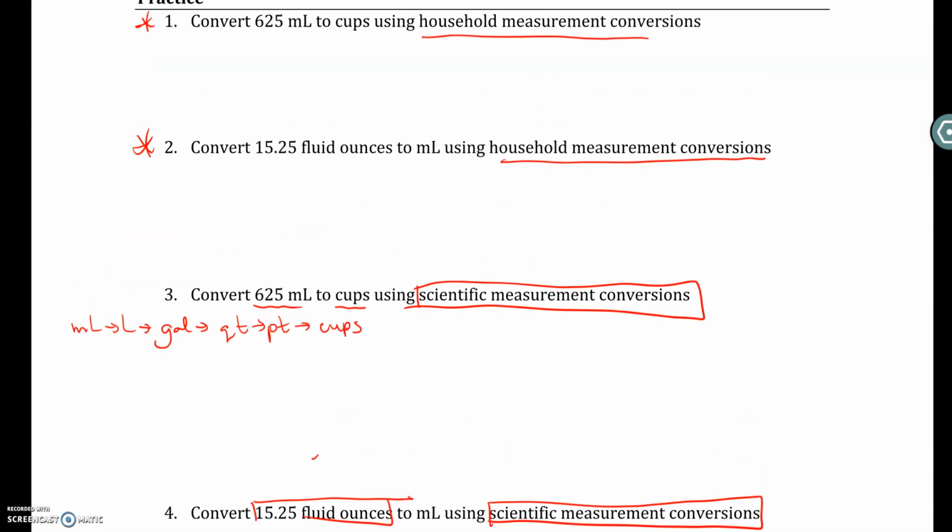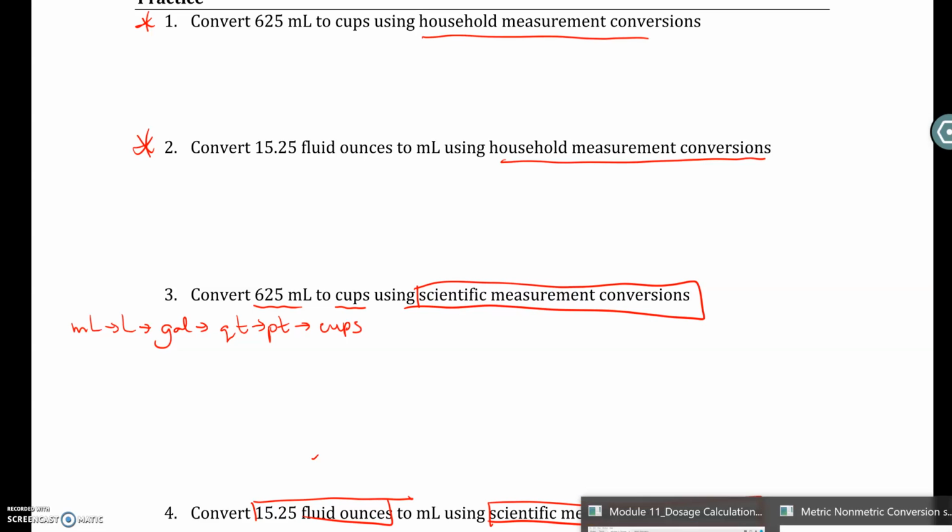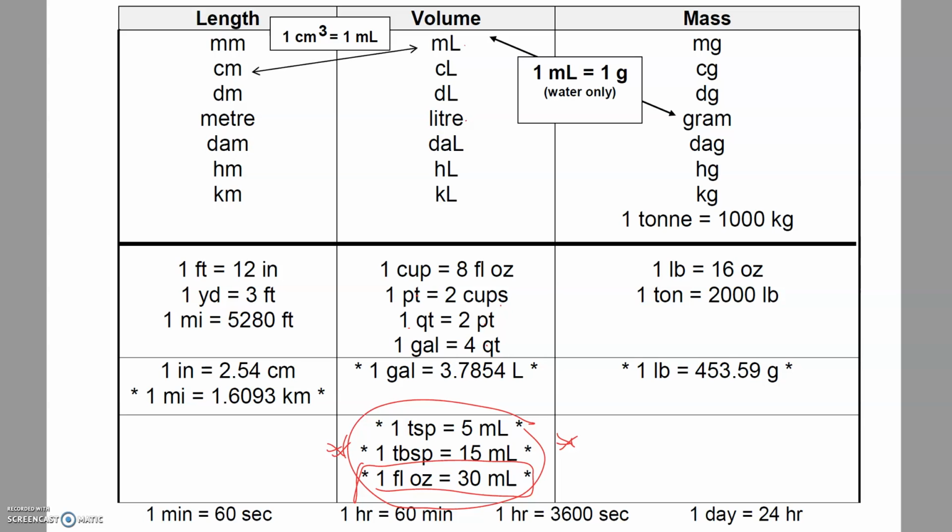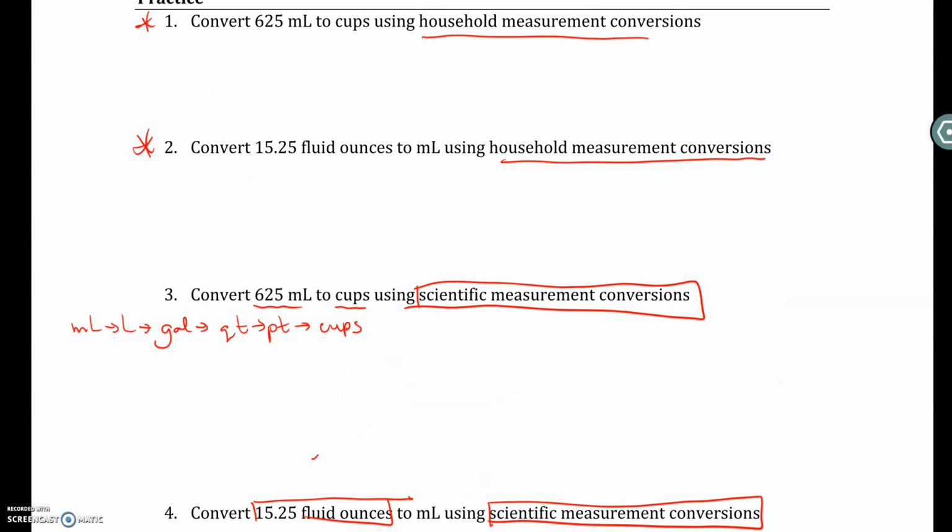So just a reminder that to go from milliliters to cups, we're going to have to go from milliliters to liters, liters to gallons, gallons to quarts, quarts to pints, pints to cups, because the only exact or nearly exact way to go from metric to non-metric for volumes that we have is gallons to liters. Okay, after you give that a try, again, convert the 15.25 fluid ounces to milliliters as well. Pause the video and give it a shot.